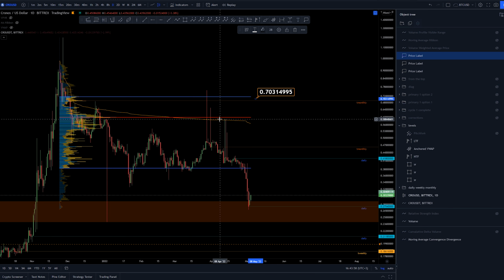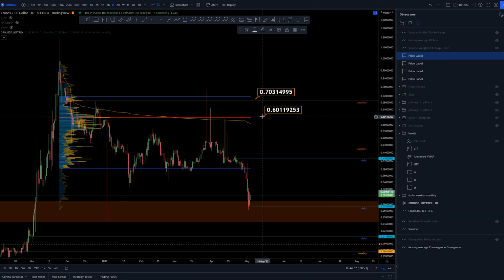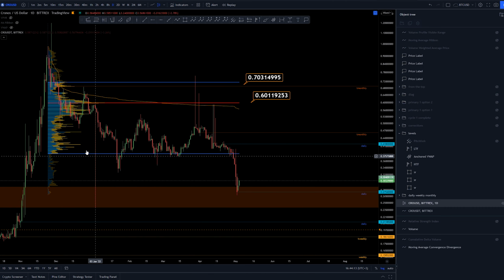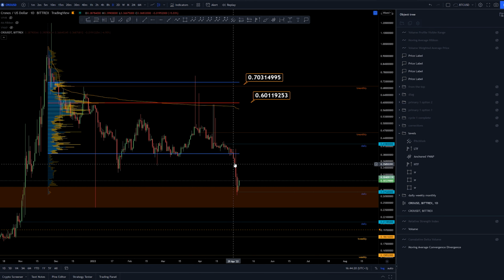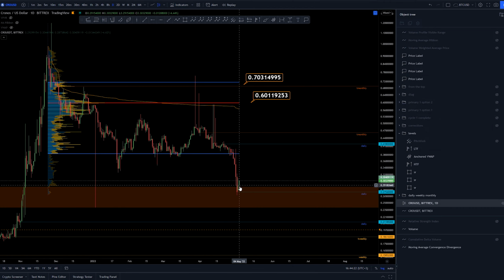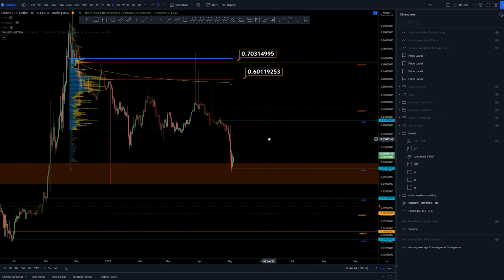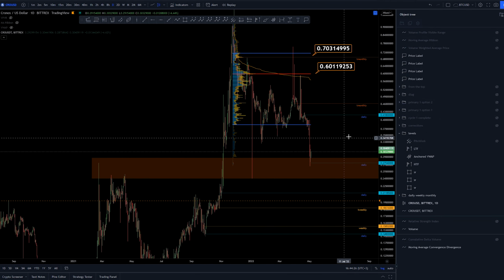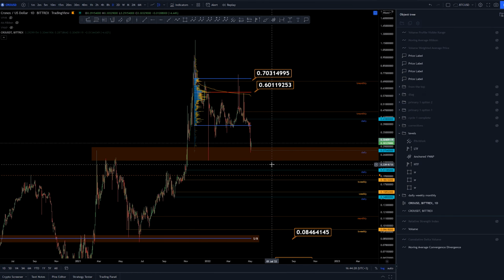Point of control seemed to be very nicely bouncing the price off as well, around the 59 cent area. We've got the value area high up here as well, resisting the price getting up here. Now we've already crashed through this range value area low, and even backtested it here. So it is kind of scary here for CRO.